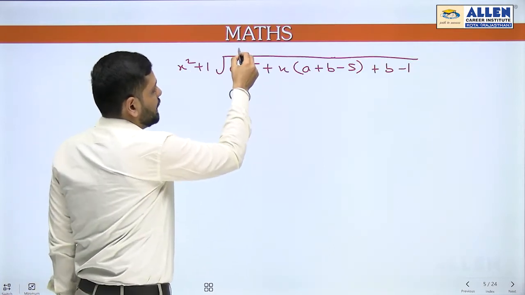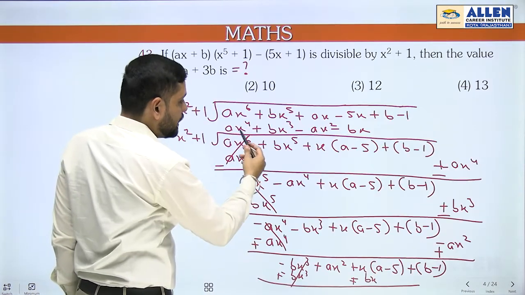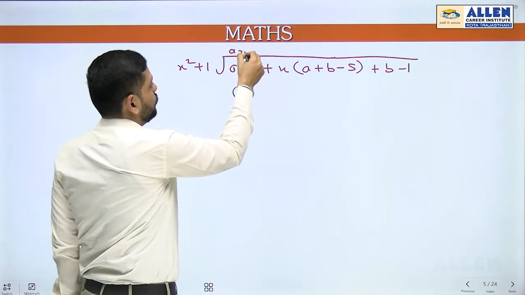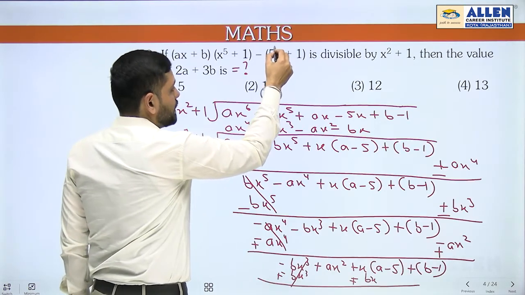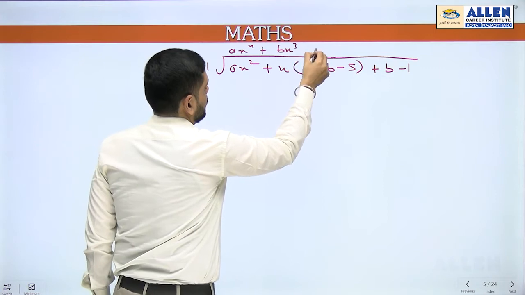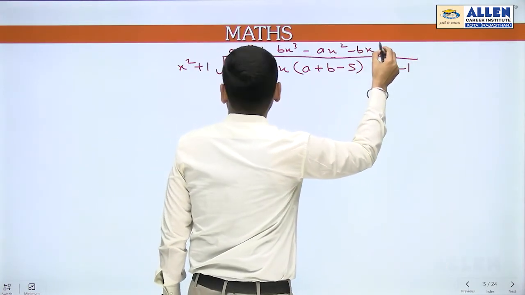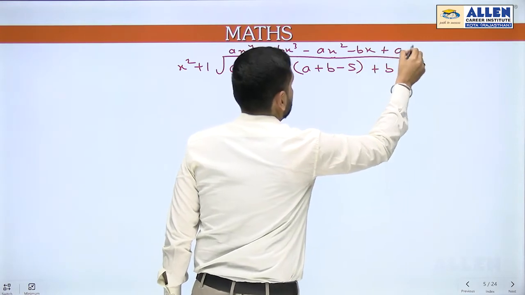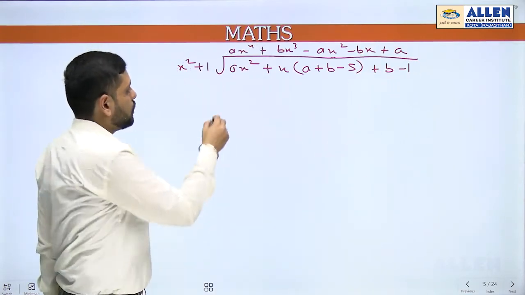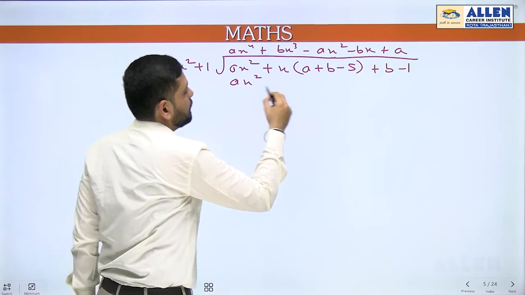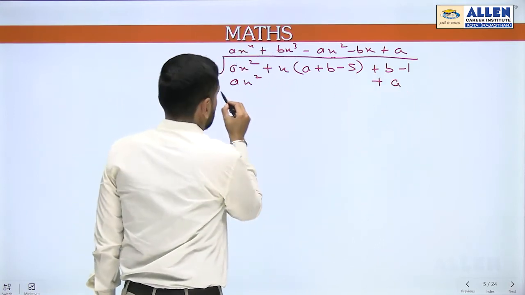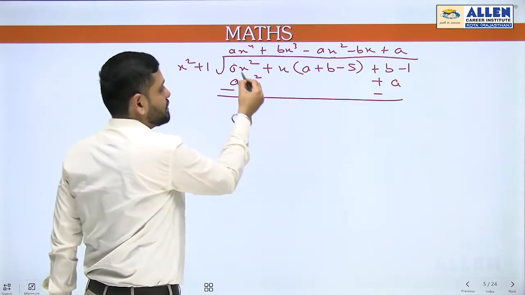Here we'll multiply by a. Already we have ax^4 + bx^3 - ax² - bx, and now we'll multiply by a. We'll get ax² plus a, and again we'll change the sign. This term will get cancelled.